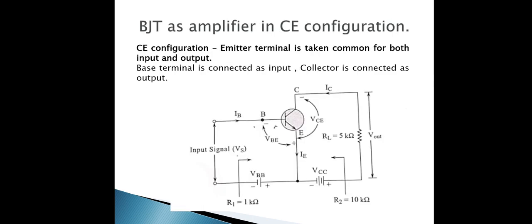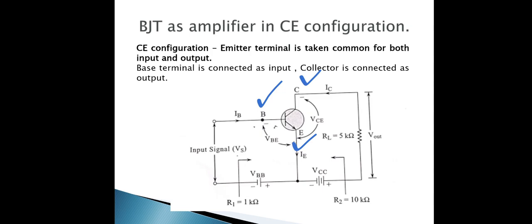Okay, so in this circuit also, I have considered CE configuration only. CE configuration means the emitter is taken common for both input and output. So here the input terminal is base, the output terminal is collector, and the common terminal is emitter.